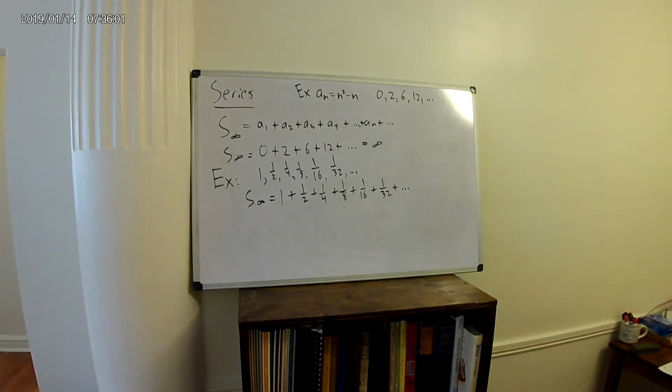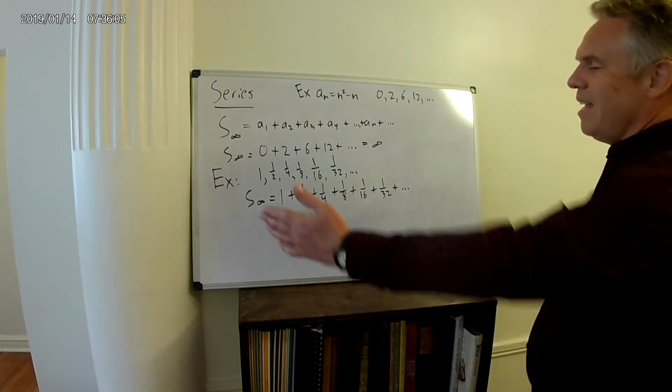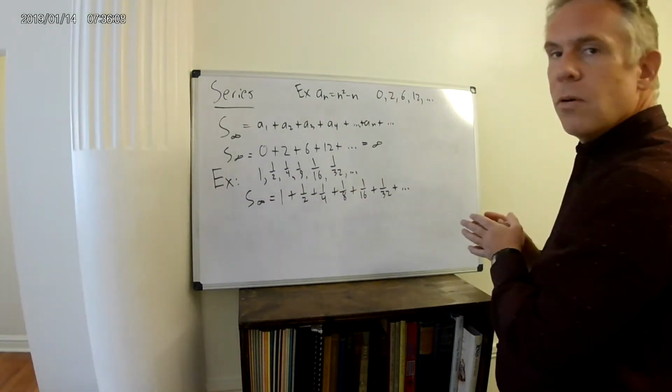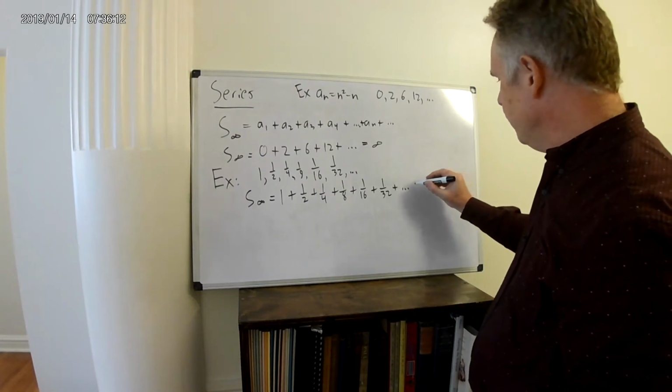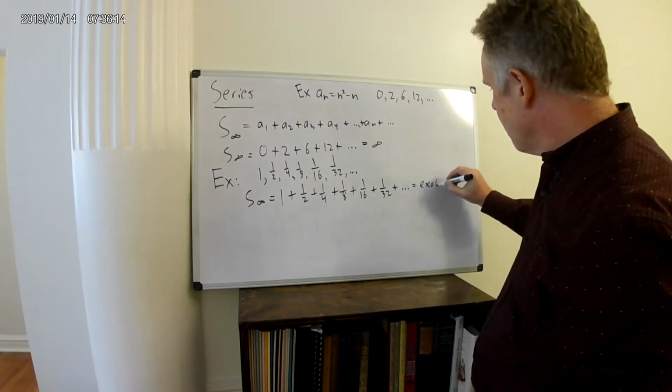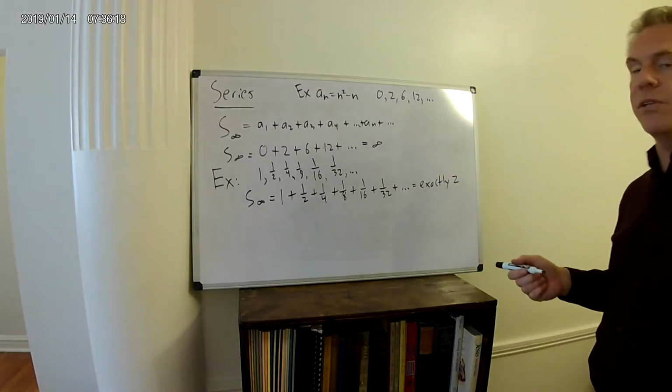Now, you might also think here, well, this is going to be infinity too, right? Because we have an infinite number of terms we're adding up. But the truth is, this actually equals exactly 2. The sum of all these terms equals exactly 2.